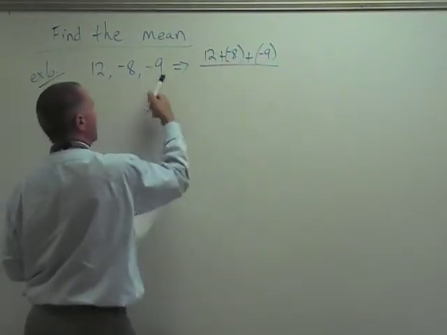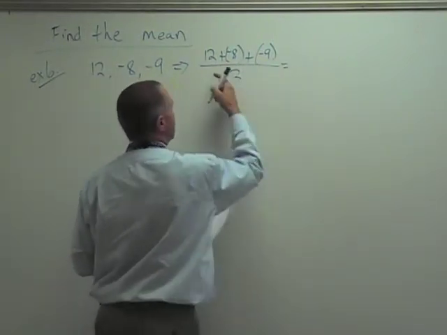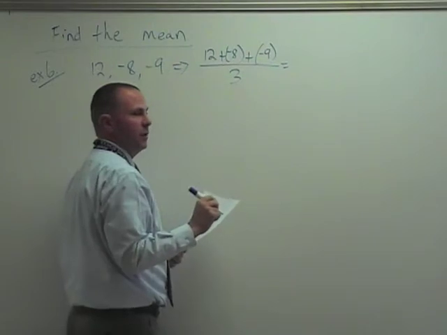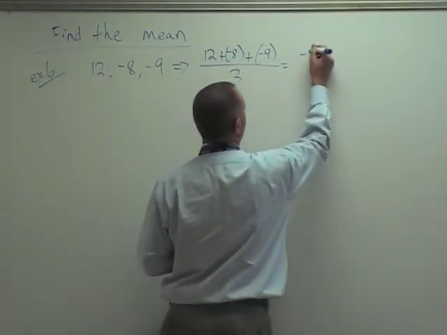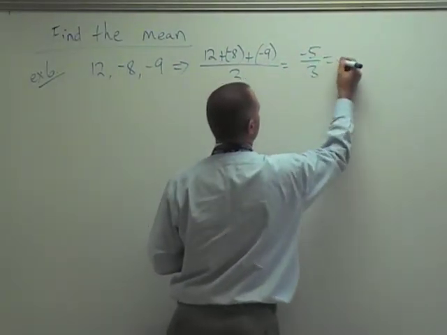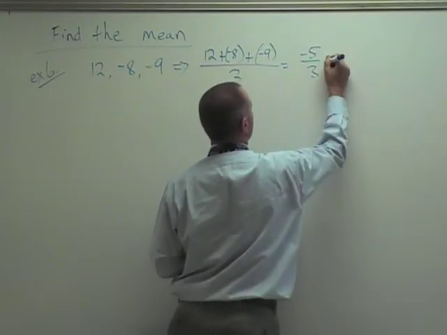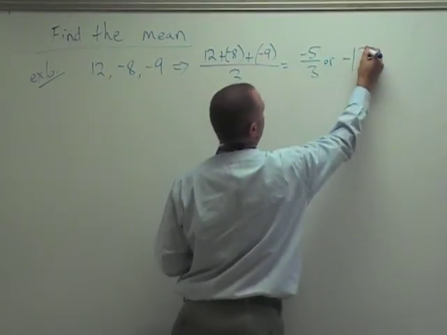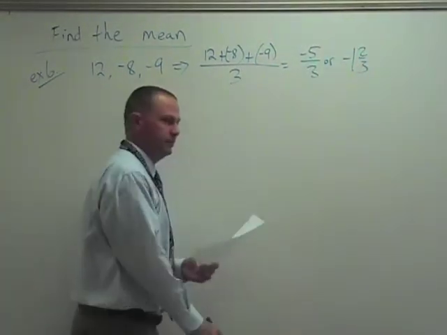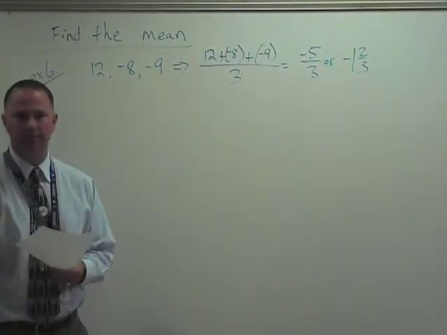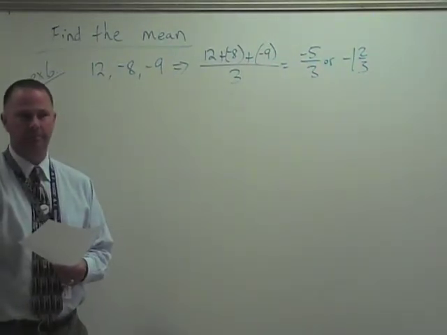Divide by how many things you have. 12 plus -8 is 4. 4 plus -9 is -5. -5/3 or -1 2/3.